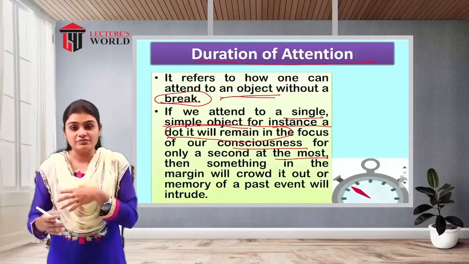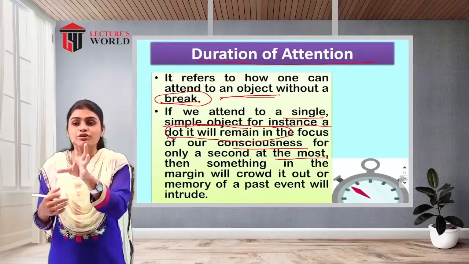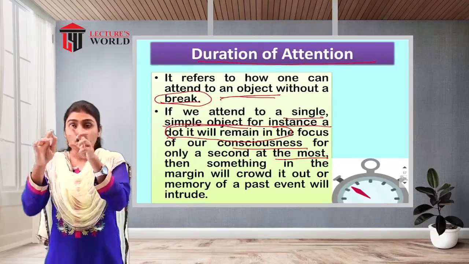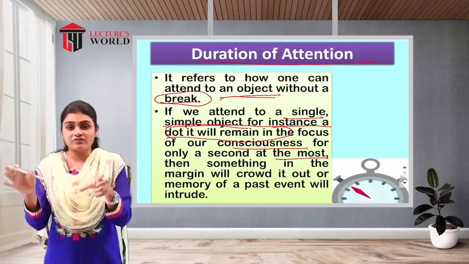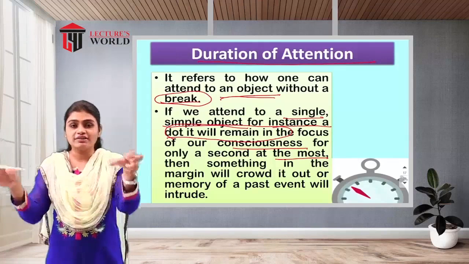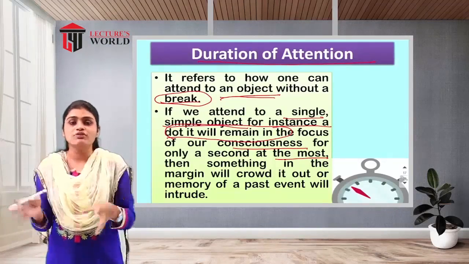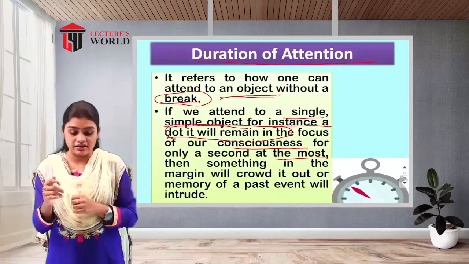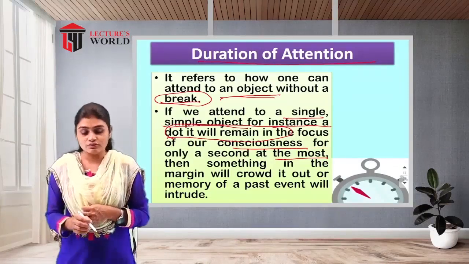And after some duration of the attention, all the margins of that object will vanish away, and all the surrounding things or thoughts will come into our consciousness at the same time. So that is the duration of attention.